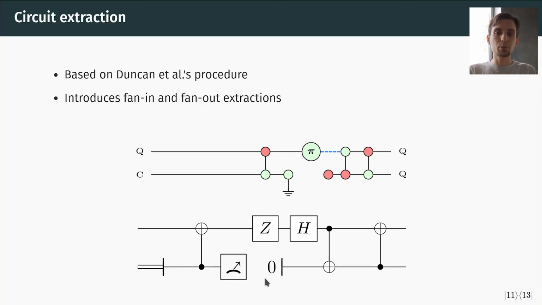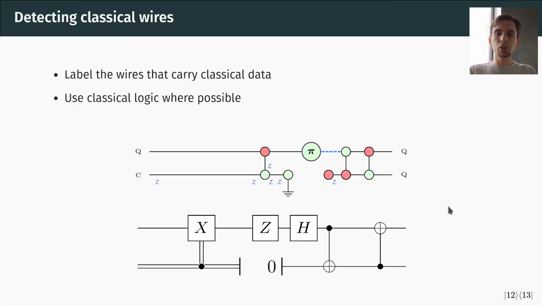To solve this problem, we introduced a new algorithm that detects wires of a circuit that carry classical data. With this, we can detect which parts of the circuit we can implement classically. So in this case, we can see that this is just a NOT gate with a classical control.